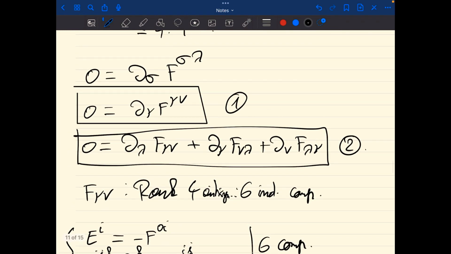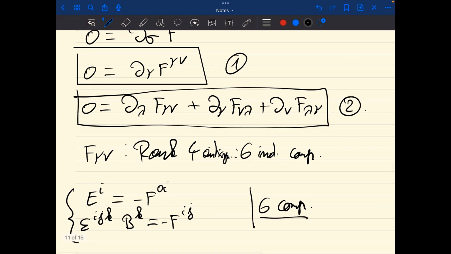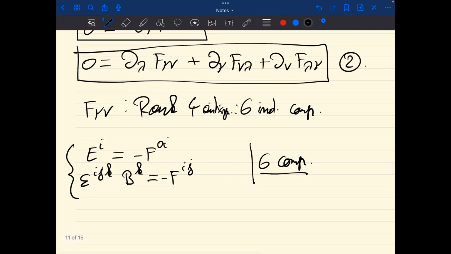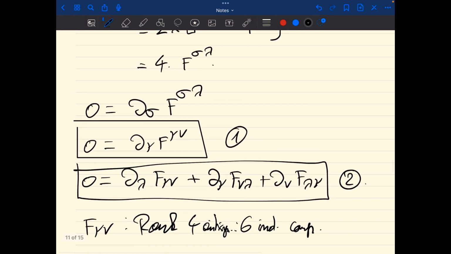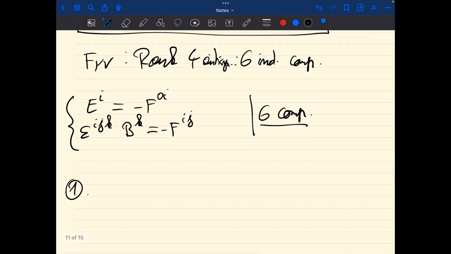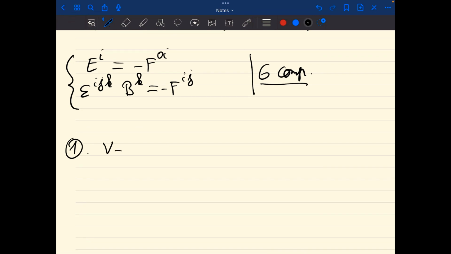So now that we have the equation of motion and definitions for the electric field and magnetic field, we can simply express these 2 equations in terms of the electric field and the magnetic field. Let's start with the first one. There are actually 4 equations depending on the value of nu. Let's start with nu equals 0, so the temporal components. So we have 0 equal d mu F mu 0.